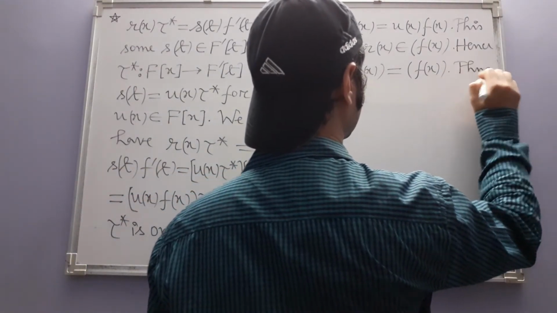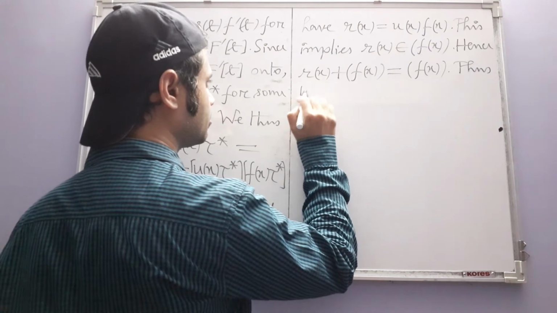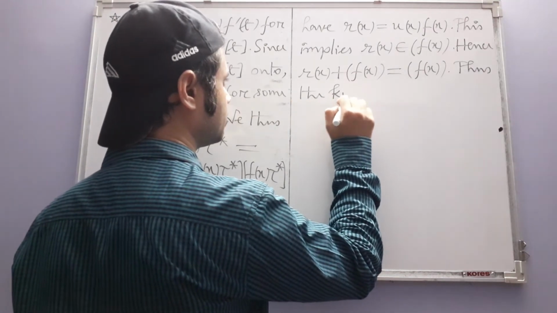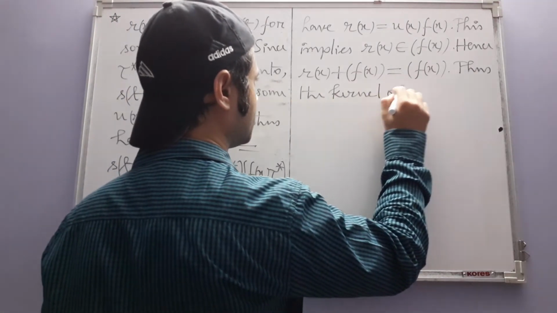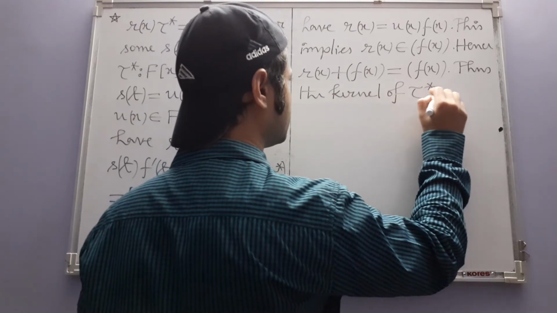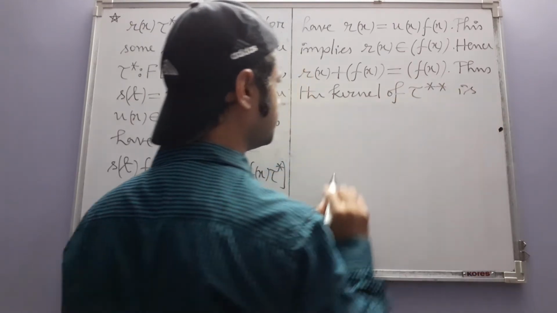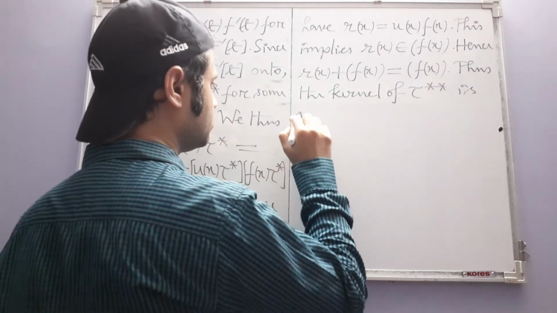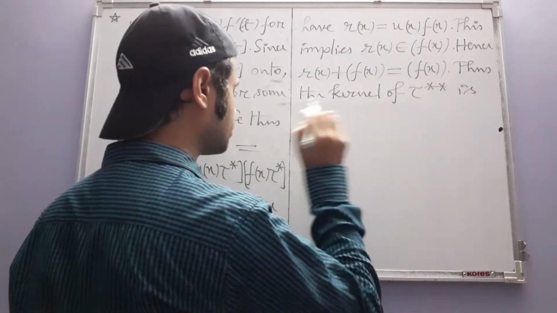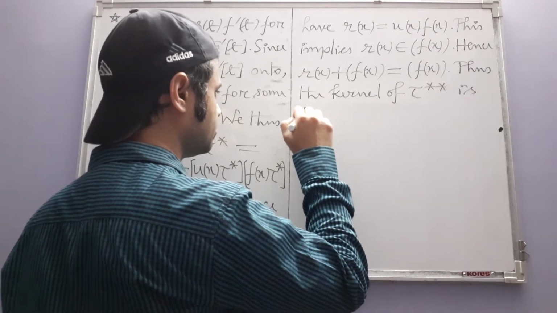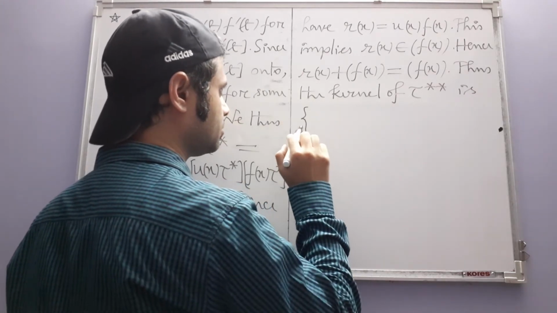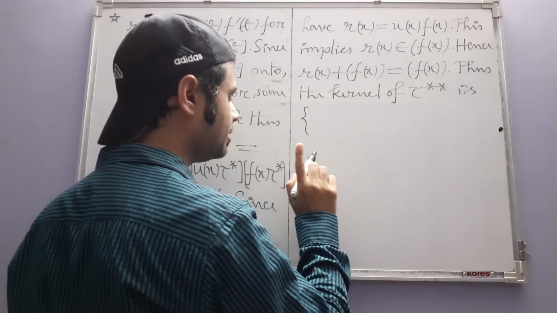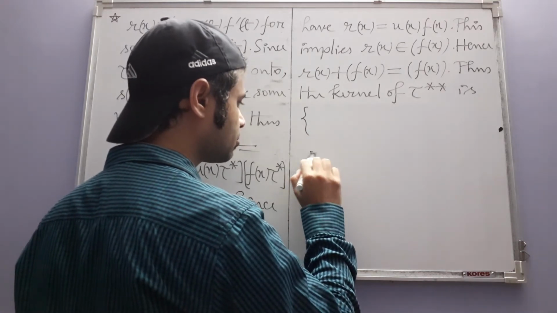Thus, the kernel of this is the zero ideal in this quotient ring.